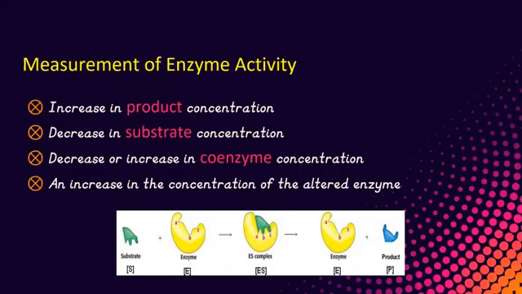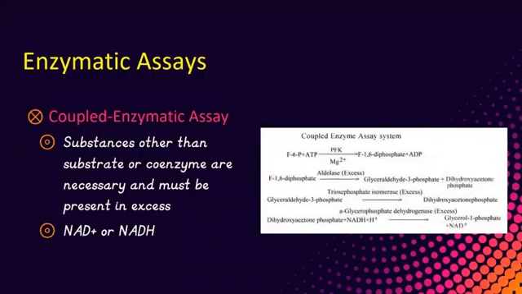So, how are we going to measure the following activity? What are we going to perform? Okay, so we have here different principles. The first one is our coupled enzymatic assay. So we can determine the activity of our substrate or enzyme by the process of coupling our enzymatic reaction with another.